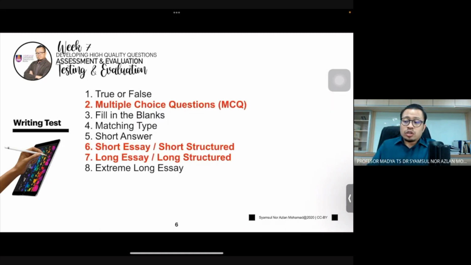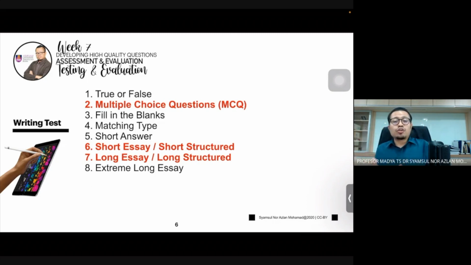All right. So when we talk about writing tests, no doubt there are lots of them that can be used. Some familiar ones are true or false, multiple choice (MCQ), fill in the blank, matching type, short answers, short essay, short structured, long essay, long structured, and abstract long essay.